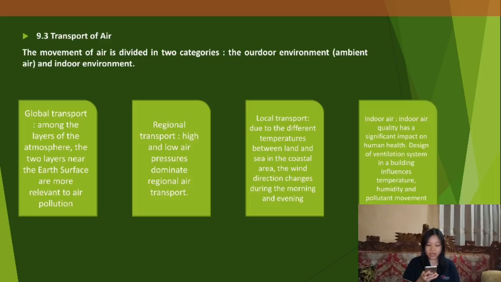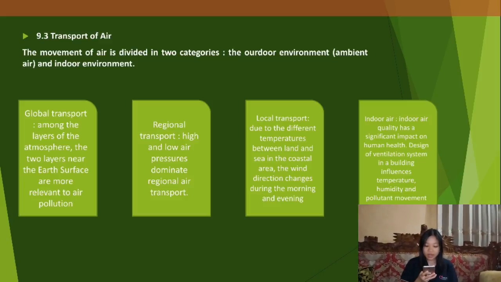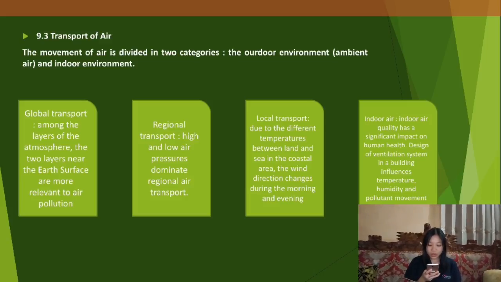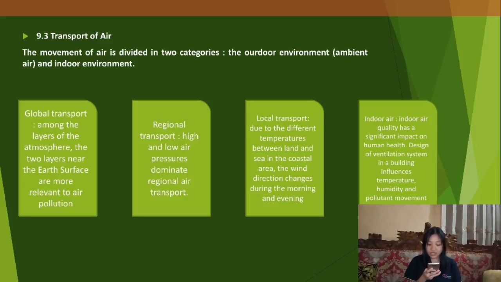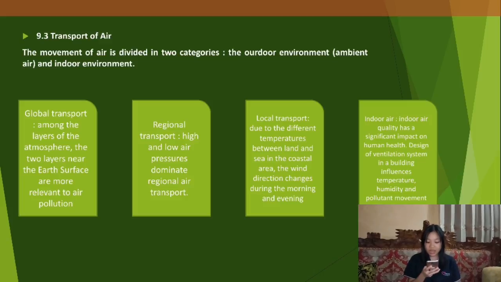Regional transport. High and low air pressures dominate regional air transport. Local transport. Due to the different temperature between land and sea in the coastal area, the wind direction changes during the morning and evening. Indoor air.